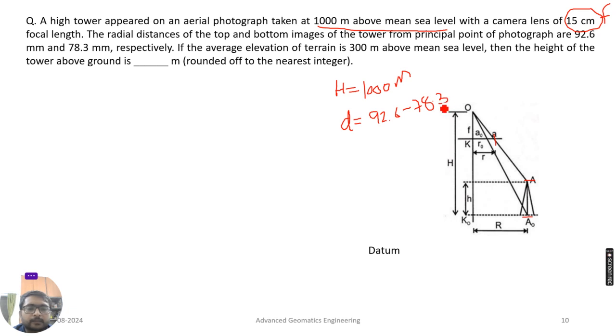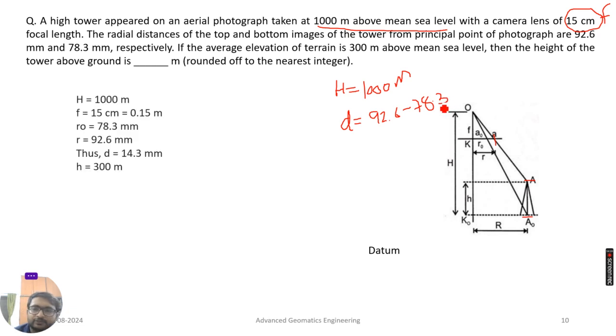This will give us the relief displacement in mm. Then we have the elevation of the terrain. This terrain is at 300 meter, so this information is also given.